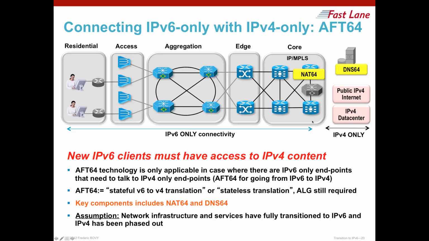Currently, the example I have is T-Mobile, which is a mobile phone operator, and they have started to provide an IPv6-only service, and they are using NAT64 because actually more and more content is now accessible with IPv6.